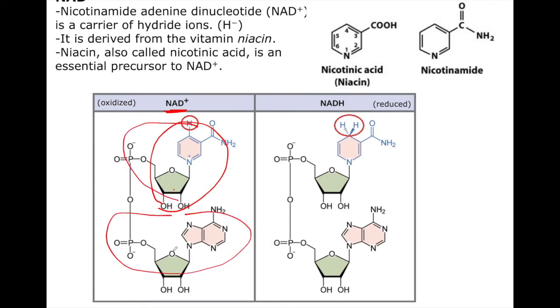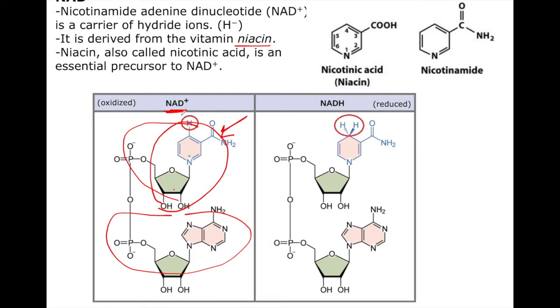So it's a dinucleotide. It has two nucleotides, and then if you look here, this is nicotinamide, which is derived from the vitamin niacin. Now you don't need to memorize the structure of NAD or NAD+, but just have a general idea of its overall structure.